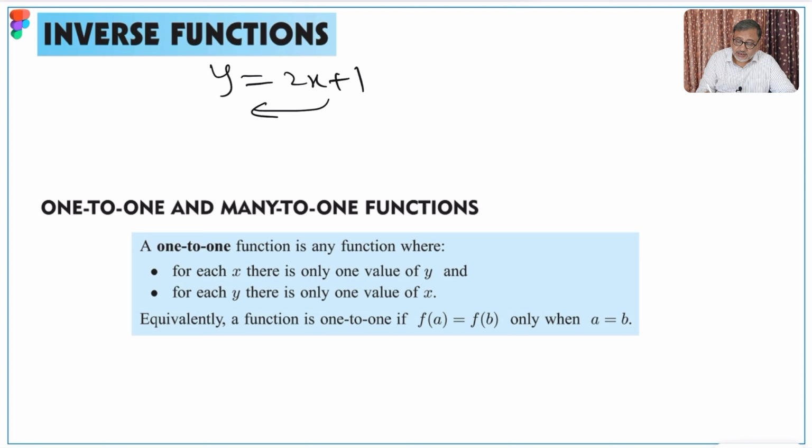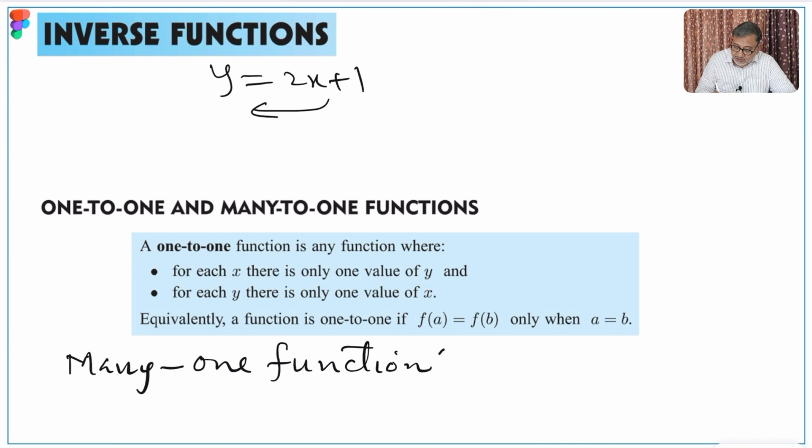Okay. So as I said, linear functions are all one-to-one functions, and many-to-one functions are where you have y is equal to x square. Let me write many-to-one function here. When I write y is equal to x square, so here the graph is like this.